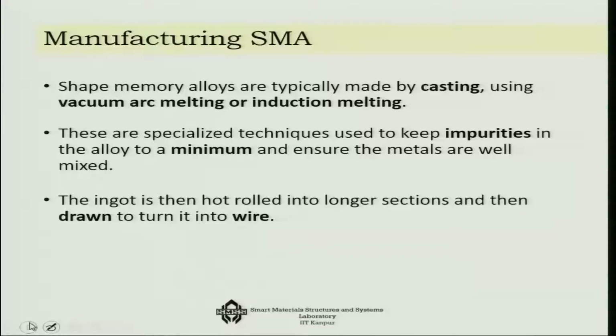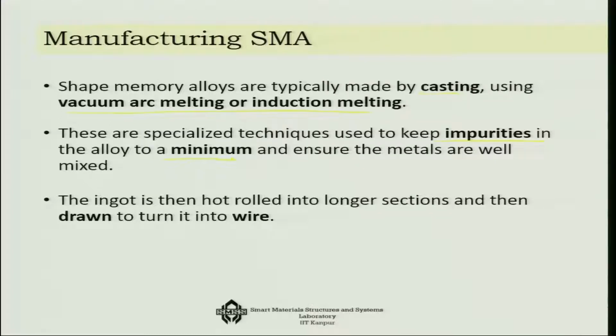How do we manufacture SMA, particularly in the wire form? SMA are typically first made by casting using vacuum arc melting or induction melting or similar such processes, but both of these are highly specialized and very expensive processes. However, these techniques are used to keep the impurities in the alloy to a minimum and ensure that the metals are well mixed.